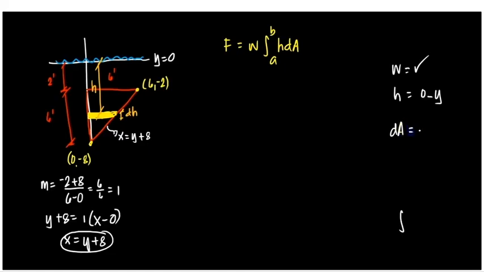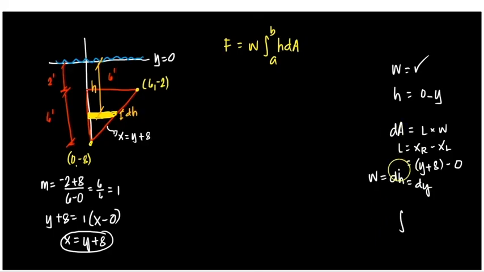dA would be length times width. Your length is the length of the yellow rectangle. So length is x of the right minus x of the left. The x of the right is y plus 8. It so happened that it ends at the y-axis, so that's minus 0. So all in all, W is dH, or that's just dy.